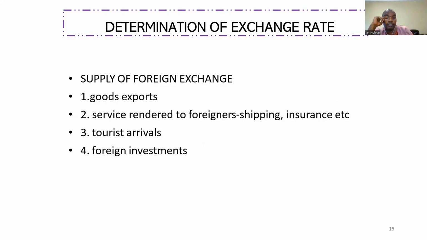The supply of foreign exchange: goods exports, service rendered to foreigners, shipping, insurance, etc., tourist arrivals, and foreign investors or foreign investments, all these account for the supply of Forex or the arrival of foreign currency from other countries.